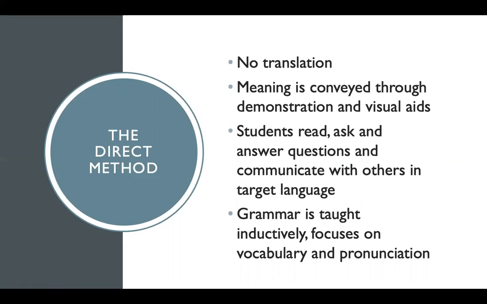In this method, meaning is conveyed directly in the target language through the use of demonstration and visual aids. Students will learn how to read, ask questions, and answer questions, and ultimately communicate with others in the target language. Grammar is not directly taught, so there are no grammar rules or instructions, but it mainly focuses on vocabulary and pronunciation, and grammar is therefore learned with it.